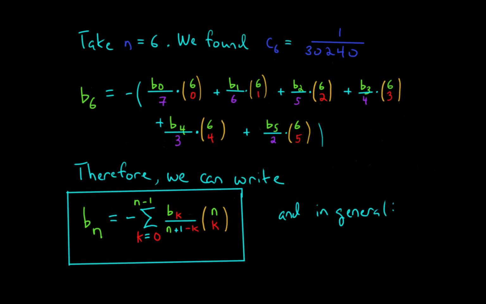So for reference, I'll just list the first 10 Bernoulli numbers. I believe Euler calculated the first 20 or so by hand, which is quite a feat.